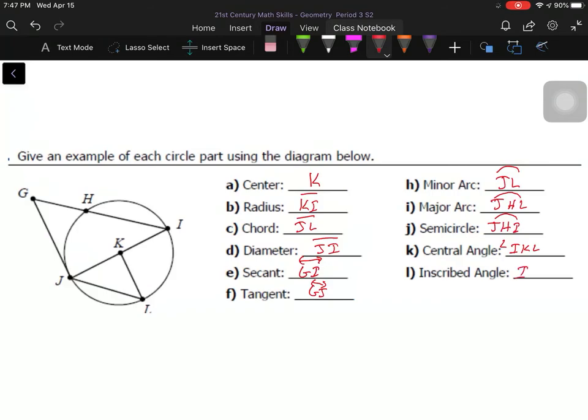So if I do IJL, that'd be this angle here. An inscribed angle just means that the vertex is on the circle. A central angle would be this, where the vertex is on the center.